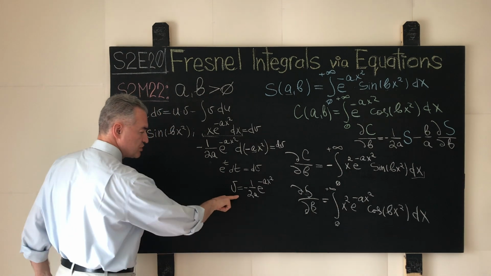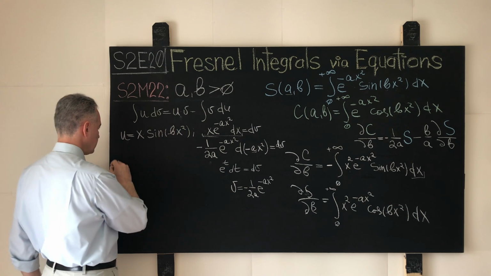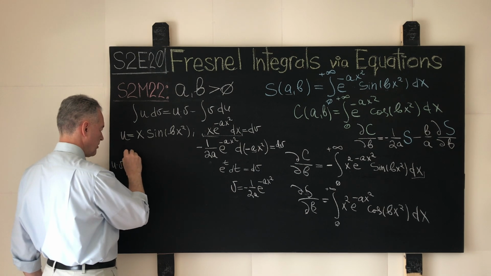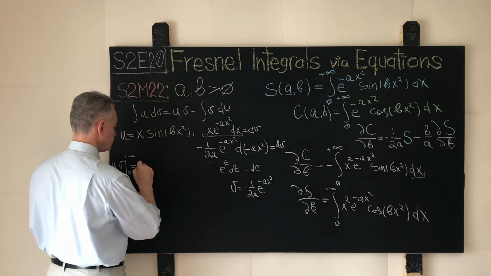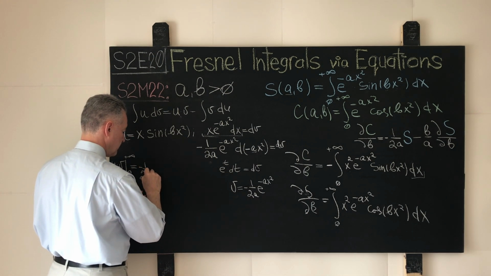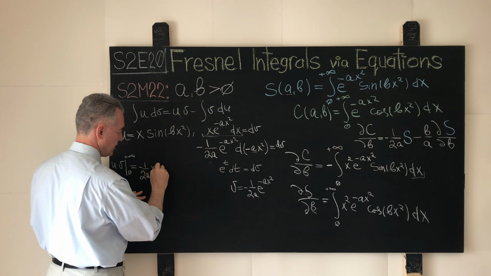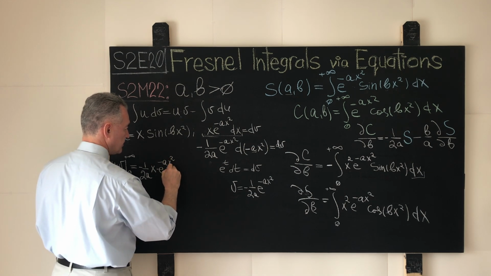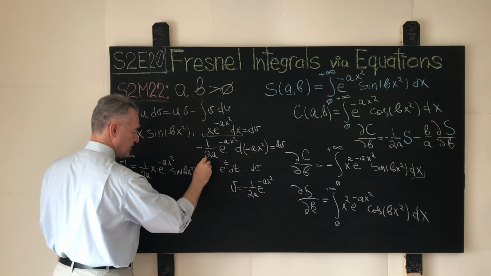So now we know the shape of V, we know the shape of U. What happens over here? Exactly, U times V from 0 to positive infinity becomes what? Negative 1 over 2a plus x from here, we'll steal it from here, x times e to the power minus ax squared times sine of bx squared from 0 to positive infinity.